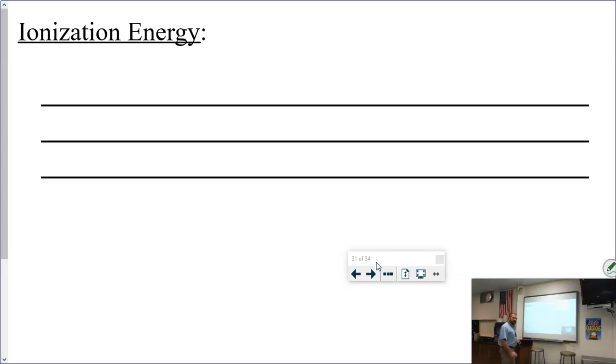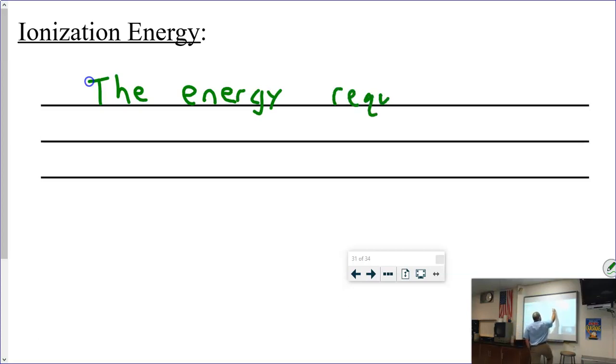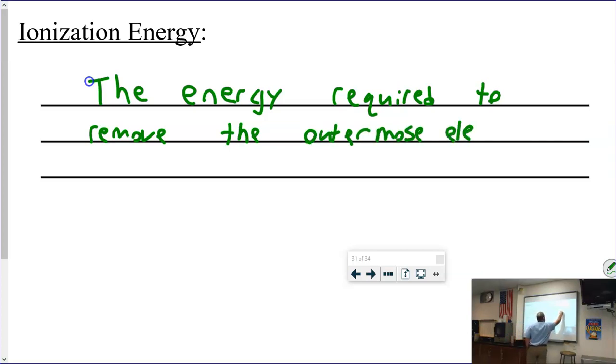This is the energy required to remove the outermost electron, okay?